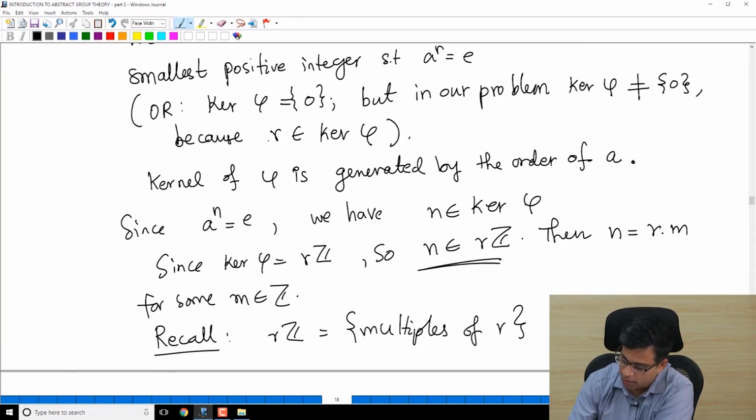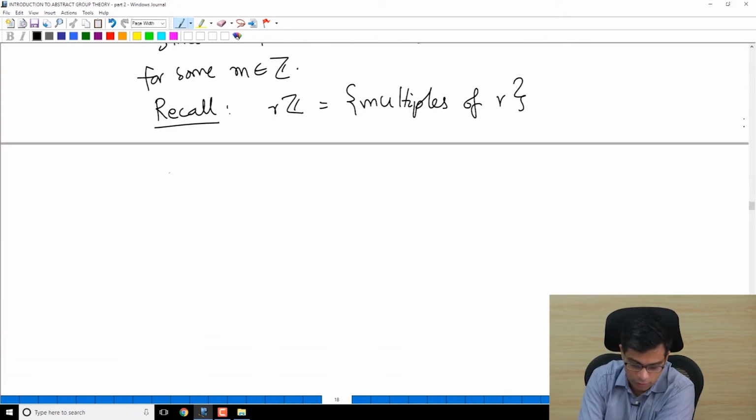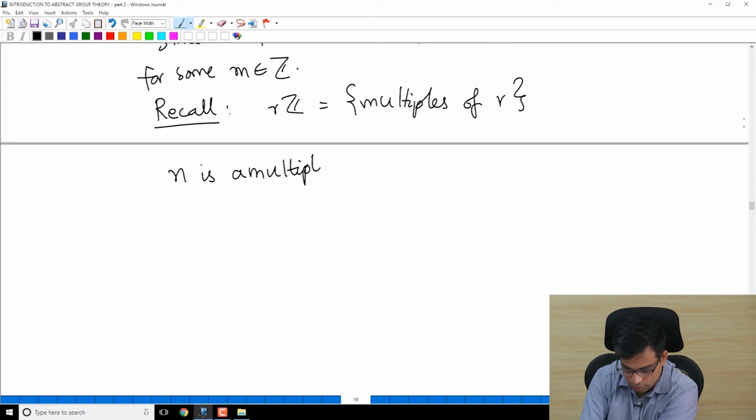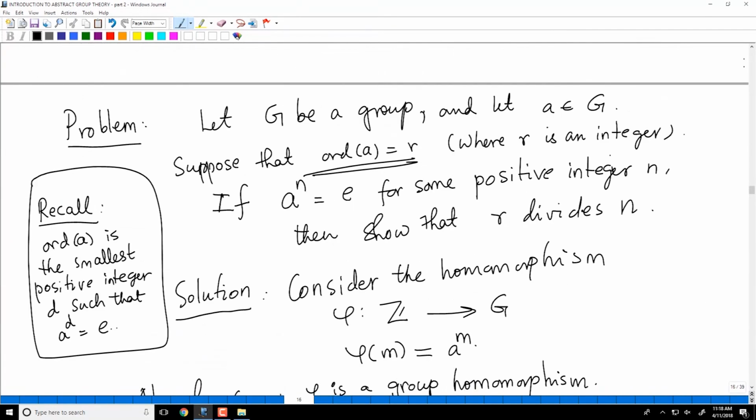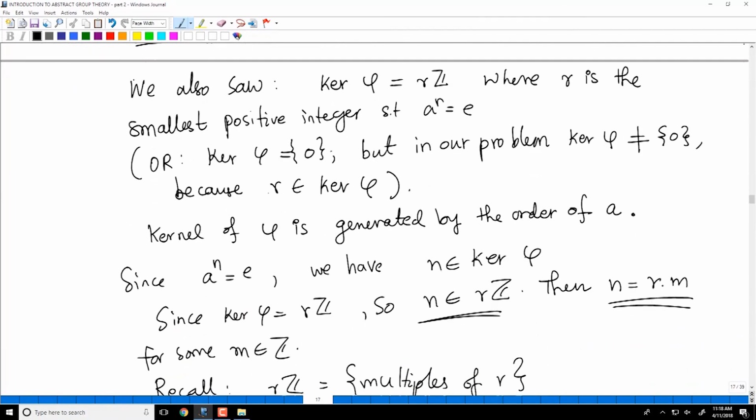If n belongs to them, n is a multiple of R. So R divides n, which is exactly what the problem asked us to do. It asked us to show that R divides n, which is what we have shown.